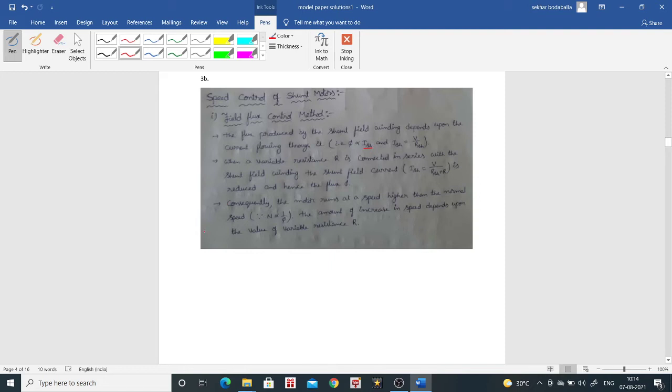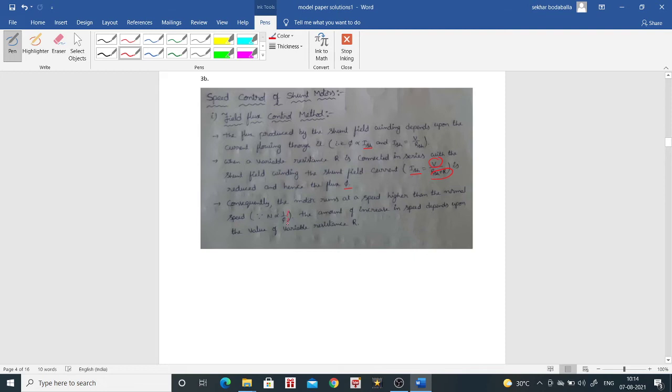Let us understand the second point. When a variable resistance R is connected in series with the shunt field winding, the shunt field current ISH becomes V by (RSH plus R). This R is the variable resistance that we added. Because of this, the shunt current will reduce, hence the flux will also reduce. Consequently, the motor runs at a speed higher than the normal speed.